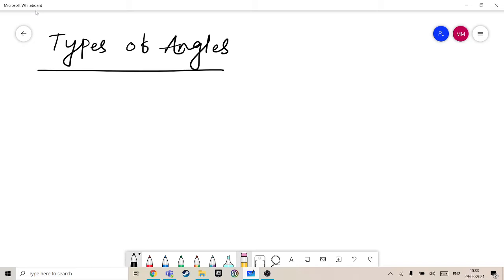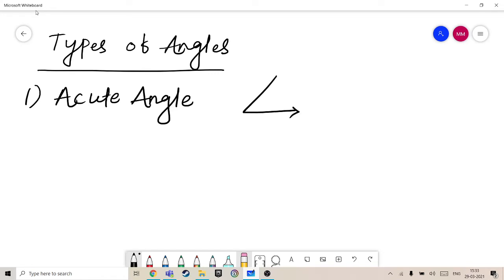First is acute angle. When the angle is between 0 and 90 degree.